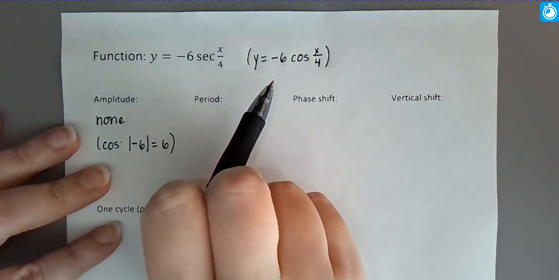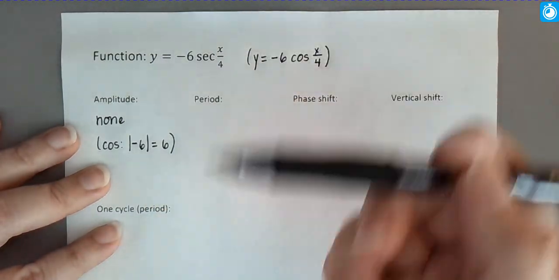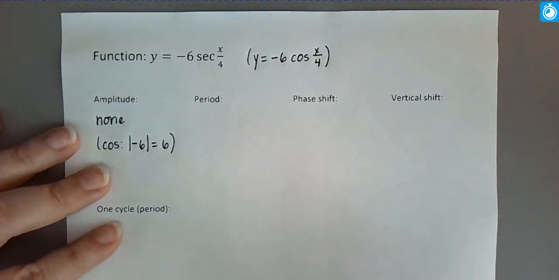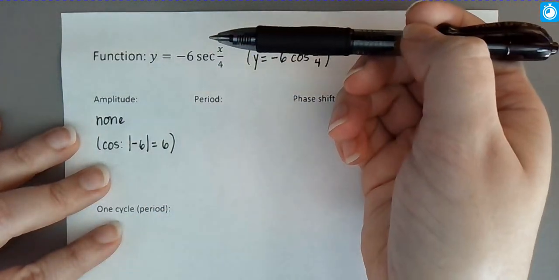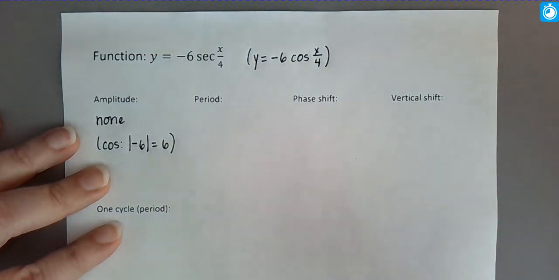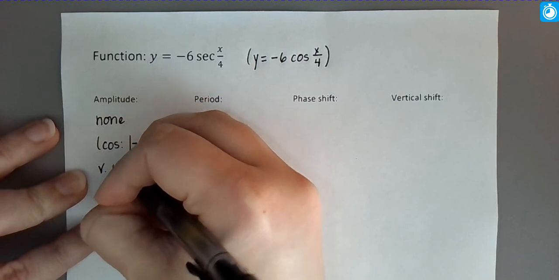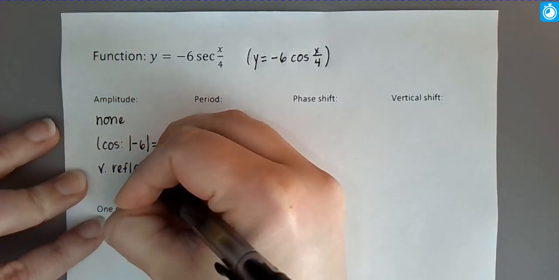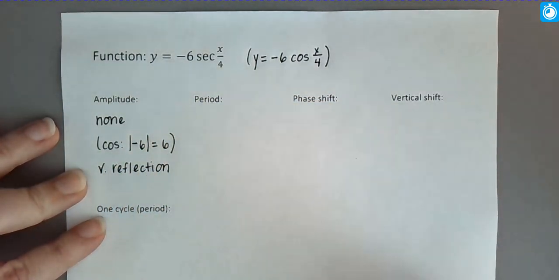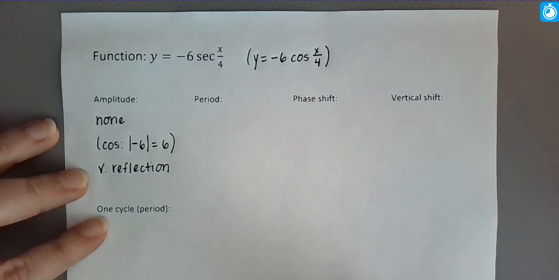Remember, a negative in front of the function is going to reflect the graph vertically. What normally would be graphed above the x-axis will be graphed below, and vice versa. So it's worth making a note of that. When we graph this, we will have a vertical reflection, so when we plot our points, we need to make sure we're reflecting them all vertically.